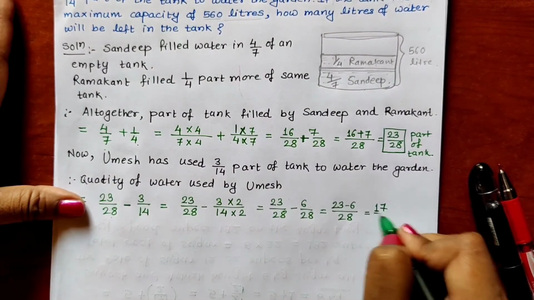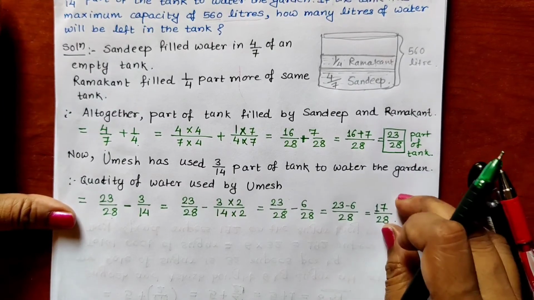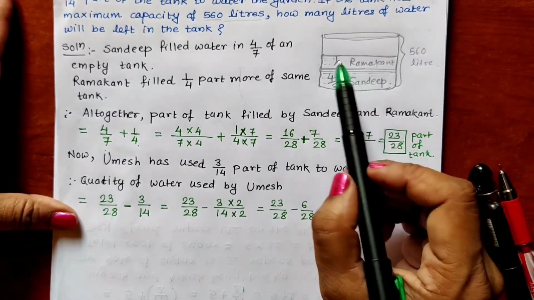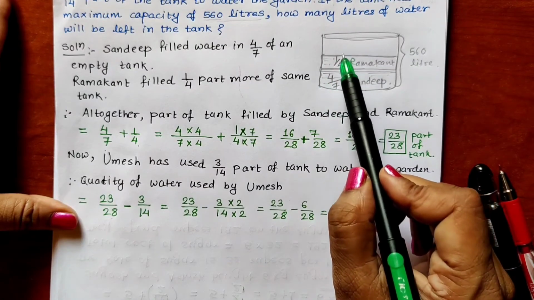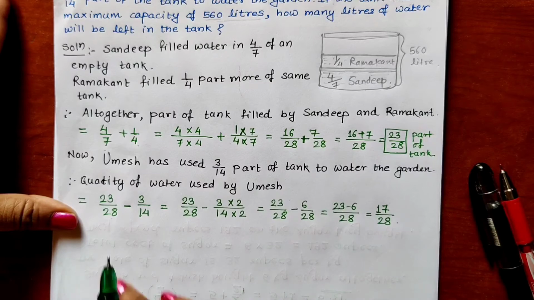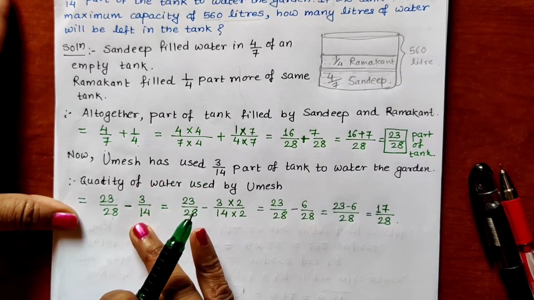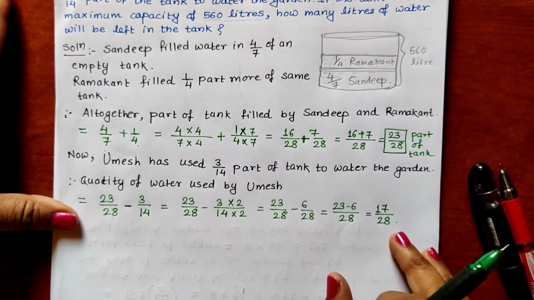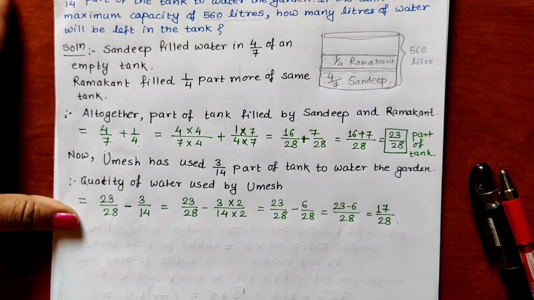17 upon 28. So this much part of the water is remaining now in the tank, because out of the water which is filled by Ramakant and Sandeep, this much water is used by Umesh. 3/14 part of water is used by Umesh. So how much part of water is remaining in the tank? 17 upon 28.